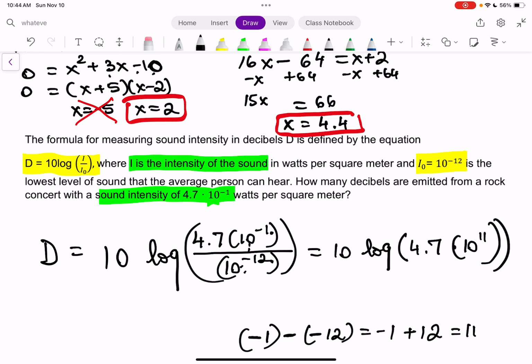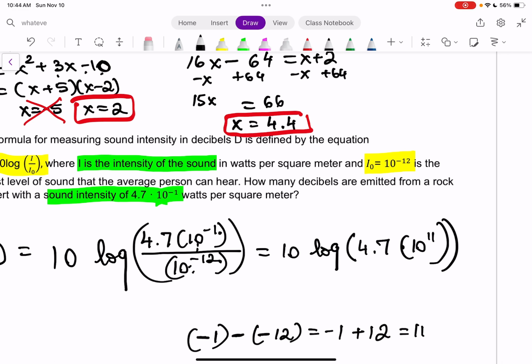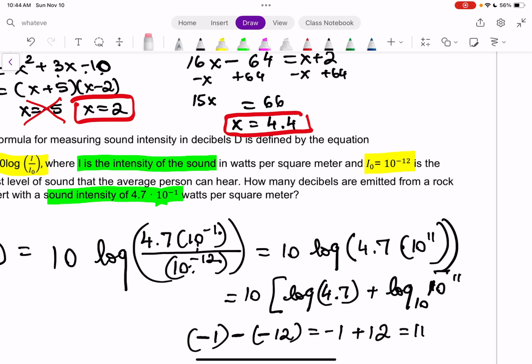I could even go on and show you more properties of logs, really. And again, you can type this in and get an answer, but I just want to show you why we're using common logs for this. And so the properties of logs say that a log of a product can be split into the log of the first plus the log of the second.